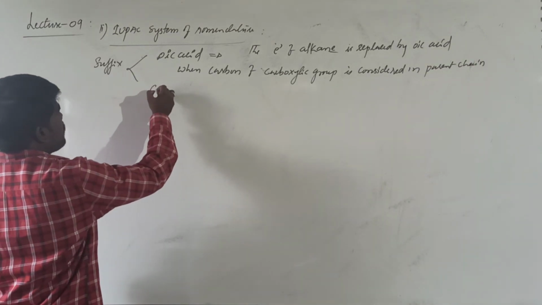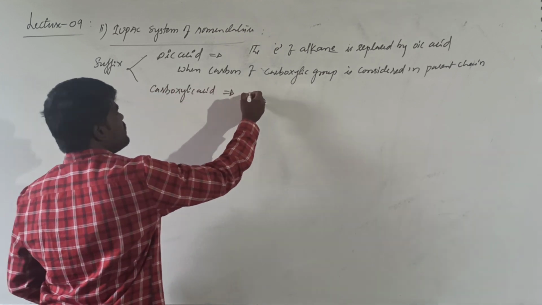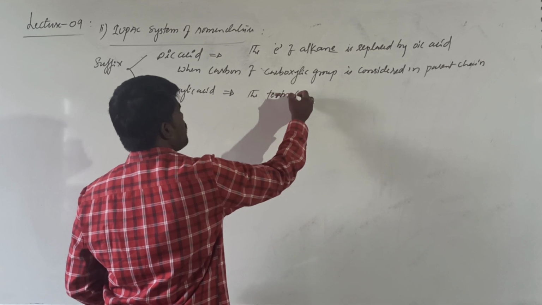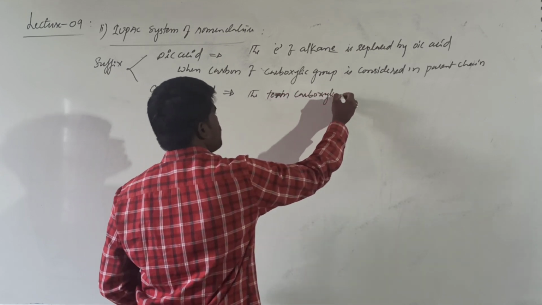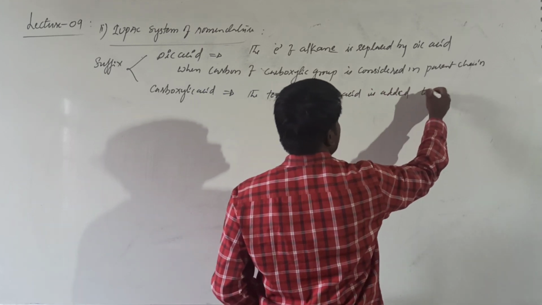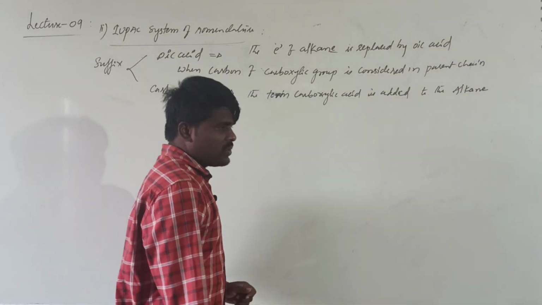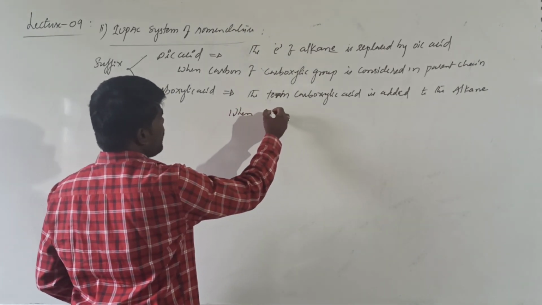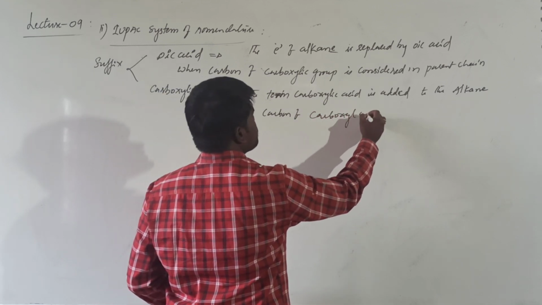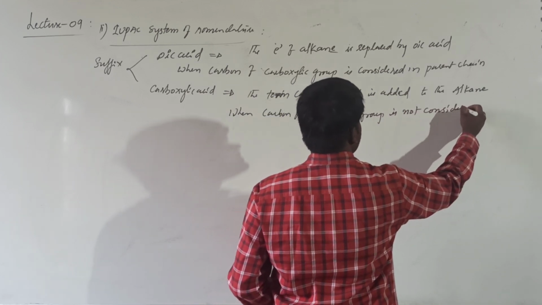When it is in the parent chain, there is another one. Okay, carboxylic acid. This means that the term carboxylic acid is added to the alkane without removing anything. Here the E will be retained in the alkane when the carbon of the carboxyl group is not considered in the parent chain.